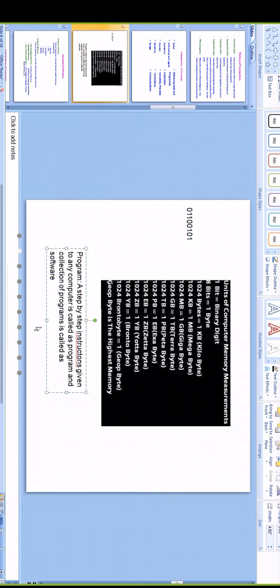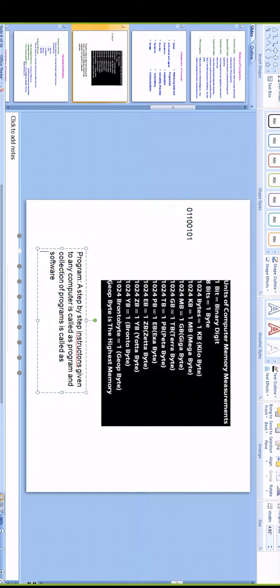Okay. So these are the steps, step by step, if I am giving some instructions to the computer, and that step by step instructions given to any computer is called a program. And a collection of programs is called software. Then you observe that software can be divided into two types.